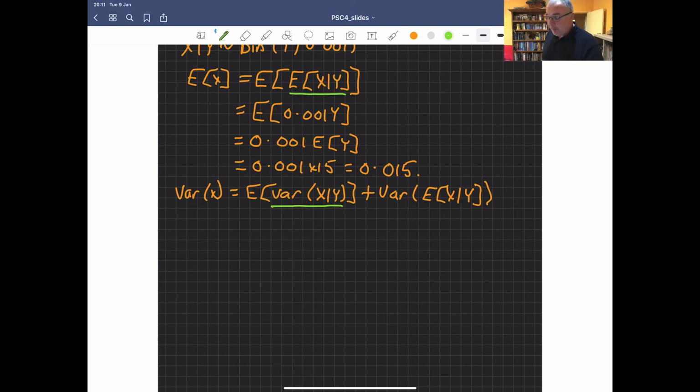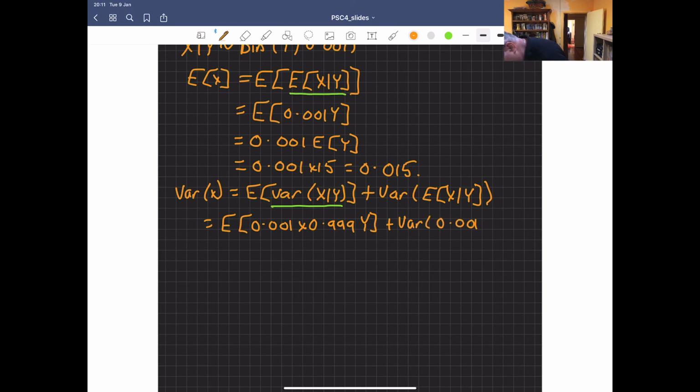It would be np(1 minus p). So putting that together, that would be the expected value of 0.001 times 1 minus that, which is 0.999, times y, plus the variance. Well, we've already worked out the expected value of x given y. That is just 0.001 y.